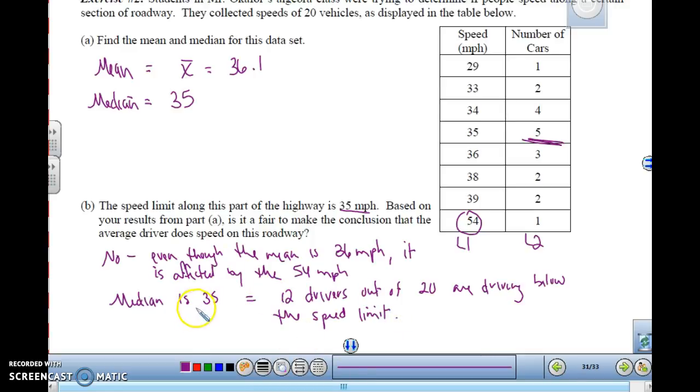So the median is actually better. The average driver, no, because the 54 is making the mean go up.